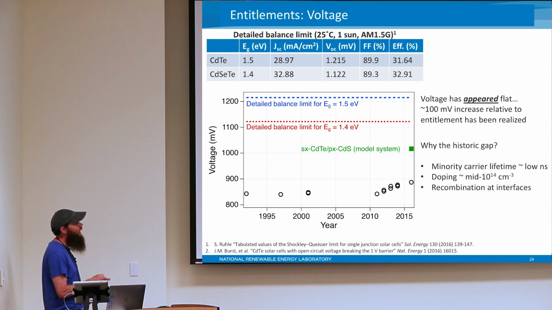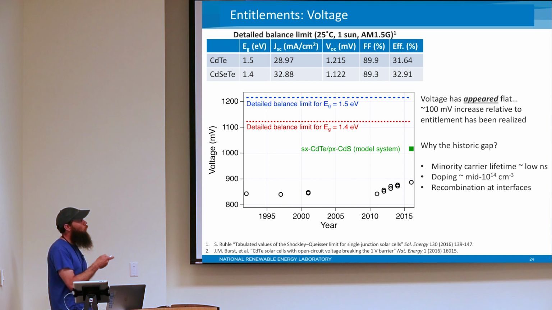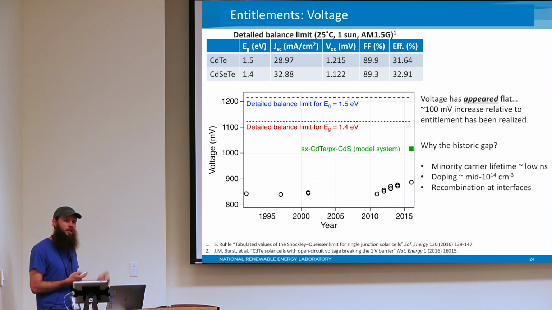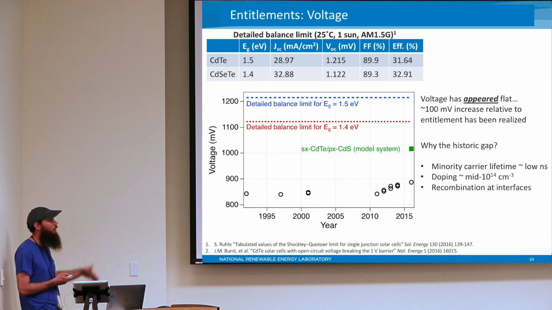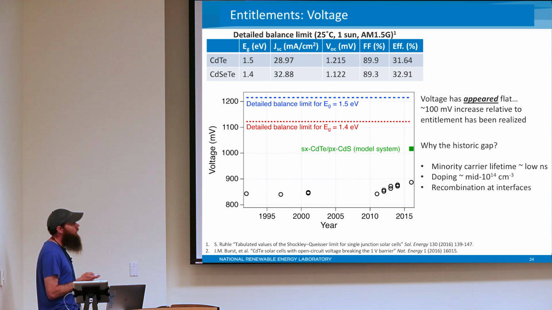But we know that these last devices have selenium in them, right? So while there is an uptick, we've dropped our detailed balance limit, so it's actually a lot more impressive than it appears the way this is plotted right now.